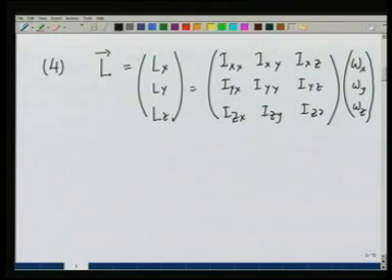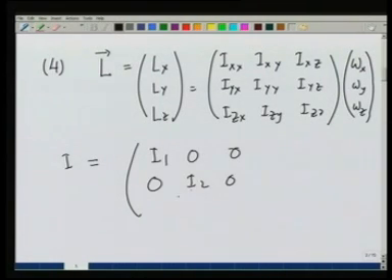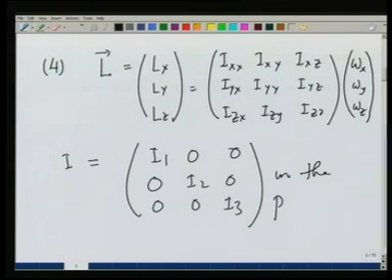However, if I use the principal axis representation, in that case the moment of inertia tensor I becomes diagonal: I1 0 0, 0 I2 0, 0 0 I3 in the principal axis.